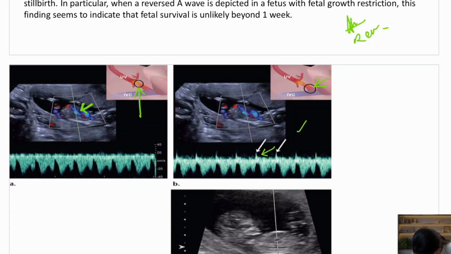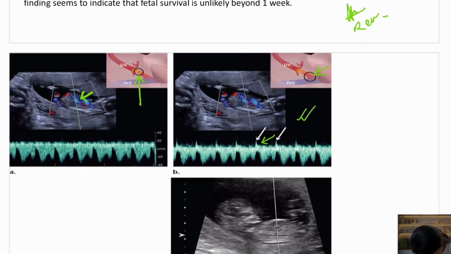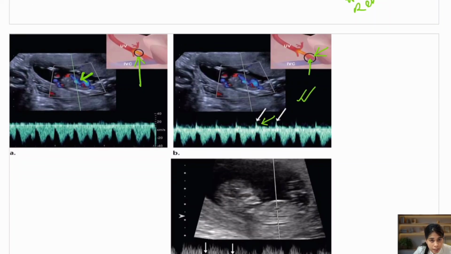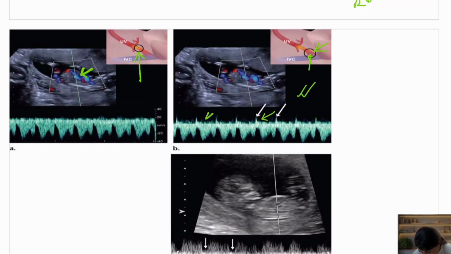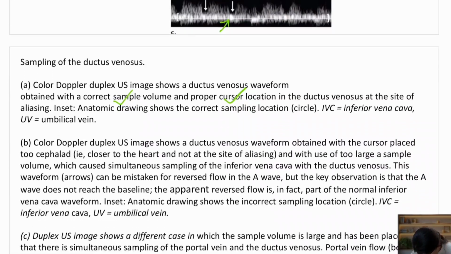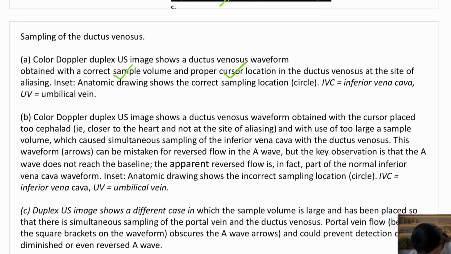But in this second image, this sampling is done at this site closer towards the IVC and not at the site of aliasing. So there is this superimposed waveform pattern of adjacent vessels, and this superimposed Doppler pattern of adjacent vessels can be mistaken for reversed flow in the A wave. Okay, so the cursor placement is very important also.